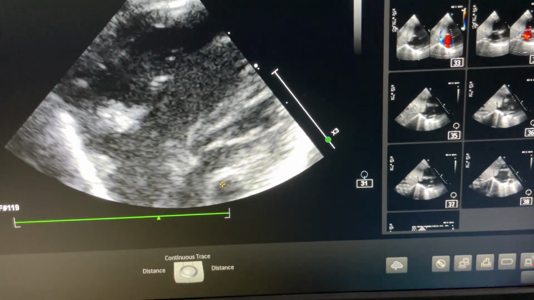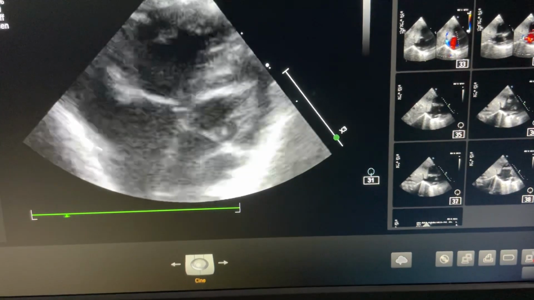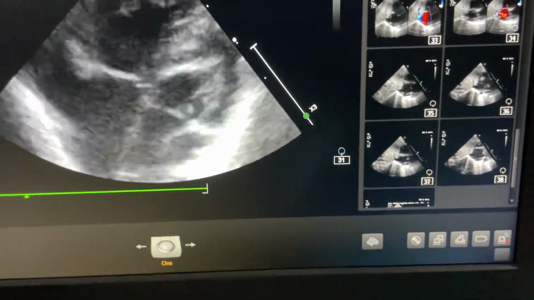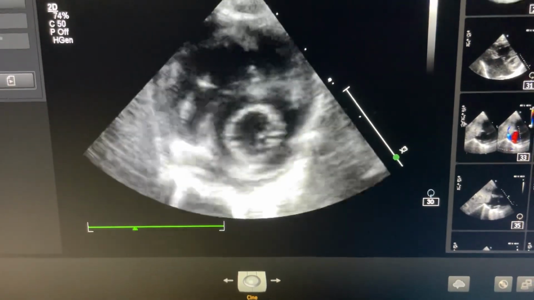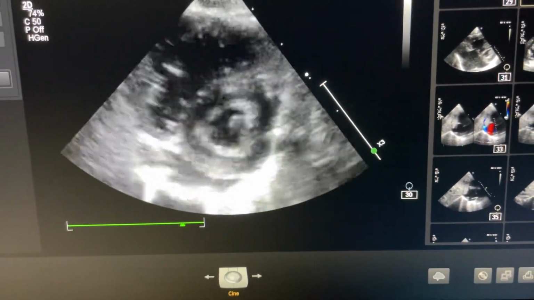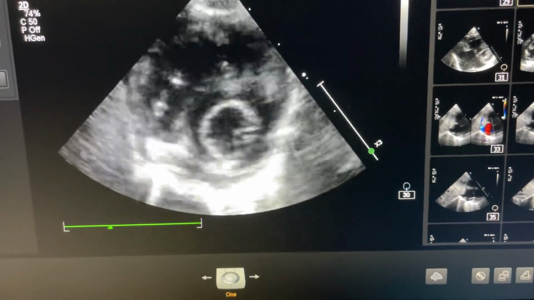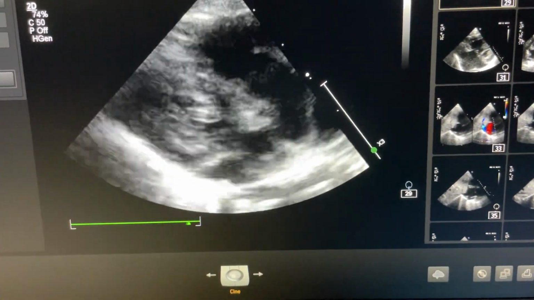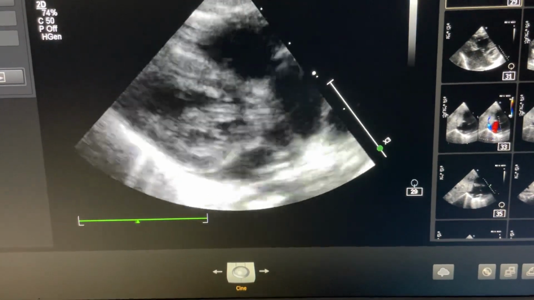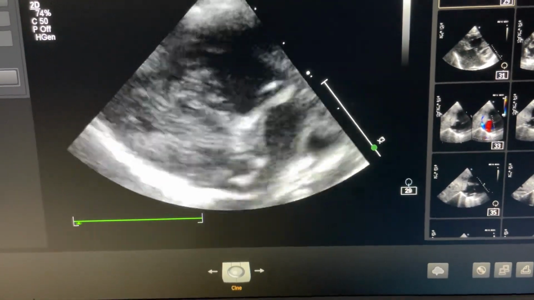You see the right ventricle is quite large compared to left ventricle. Right ventricle severely dilated. You can see the coronary sinus dilated.